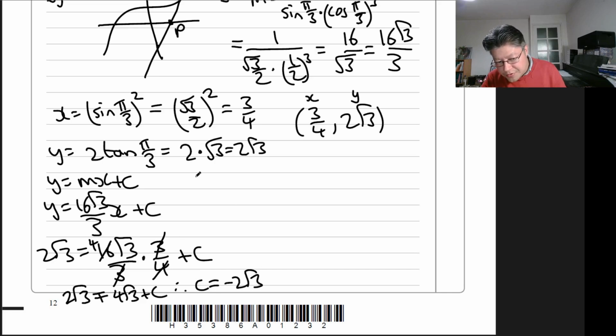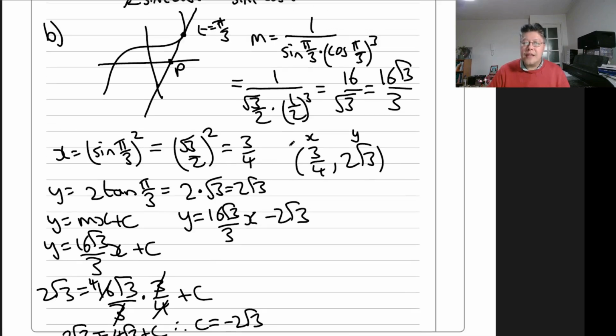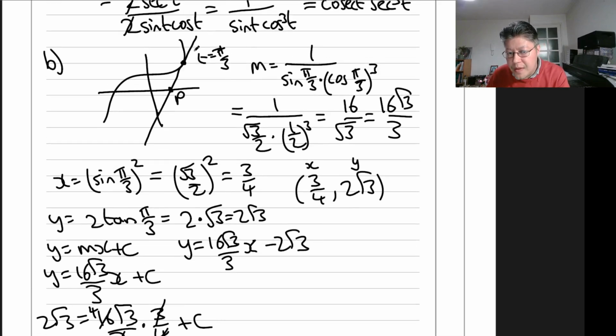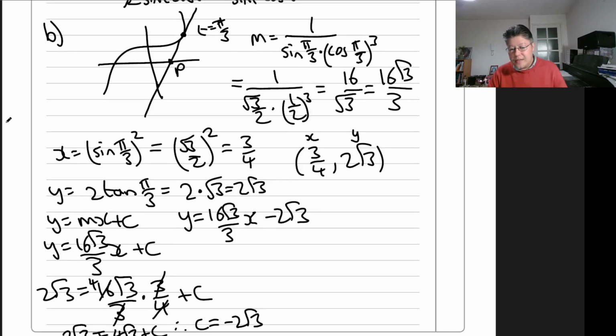So let's just write over here what the equation is. So we've got y equals 16 root 3 over 3 x minus 2 root 3. So that's the equation of this straight line here. And in order to get the coordinates of P, that's the x-intercept, you have to set y equal to 0. So let's set y to 0. So equals 0. And we can solve this for x.